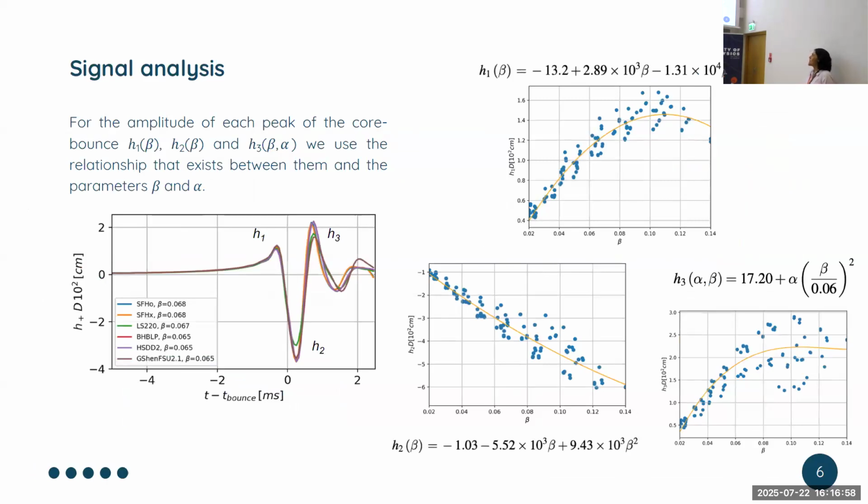Okay, so with this signal, we characterize the peaks with the parameter beta. In the third peak, as you see here, H1 and H2 are closer, and H3 is not so close because they start to be more stochastic. Here, H1 and H3 are in the positive range, and H2 is in the negative range.